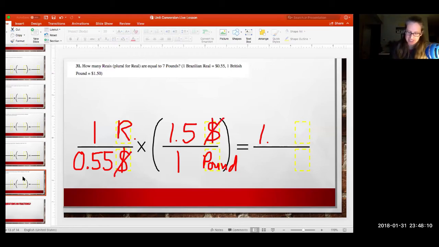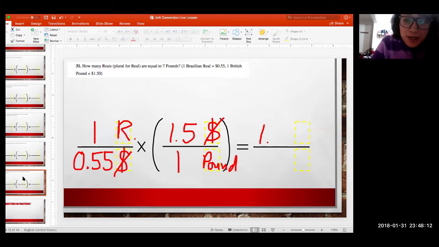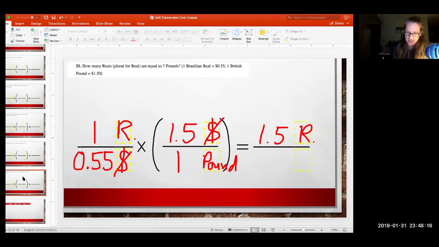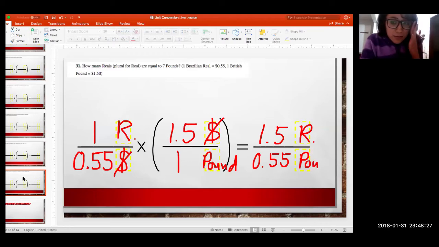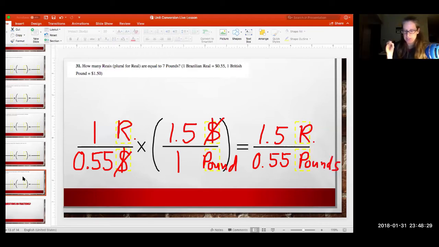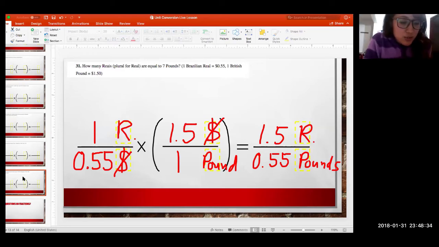And it's 1.5 reals and 0.55 pounds. Okay. And then I divided them, and I got 2.72 reals per pound.